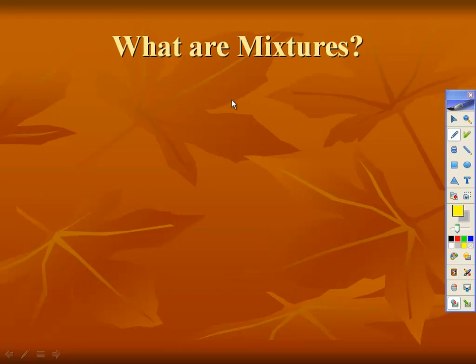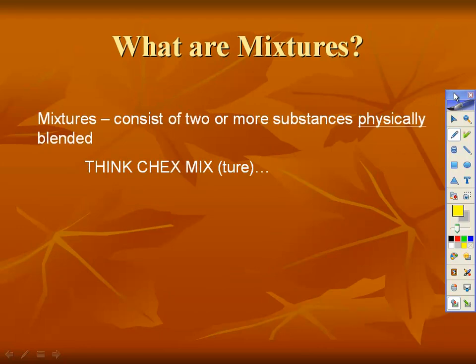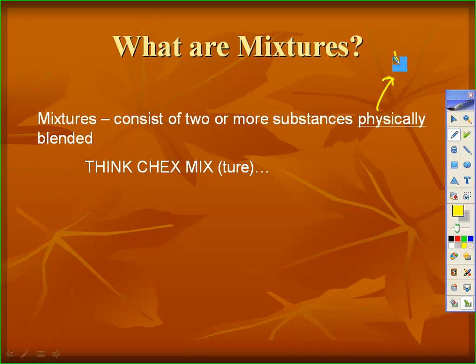So let's contrast these with mixtures, which are two or more substances physically blended together. So these are physical changes making a mixture. So just mixing them up, not a chemical change. Think Chex mixture.